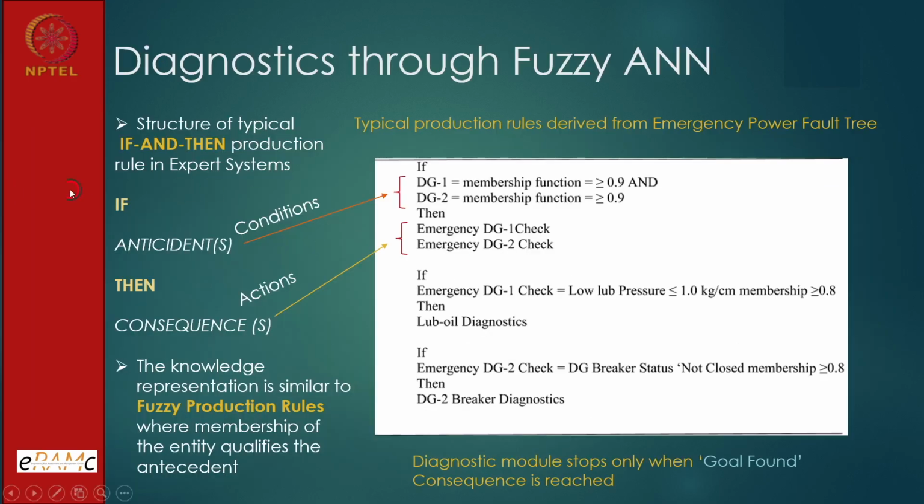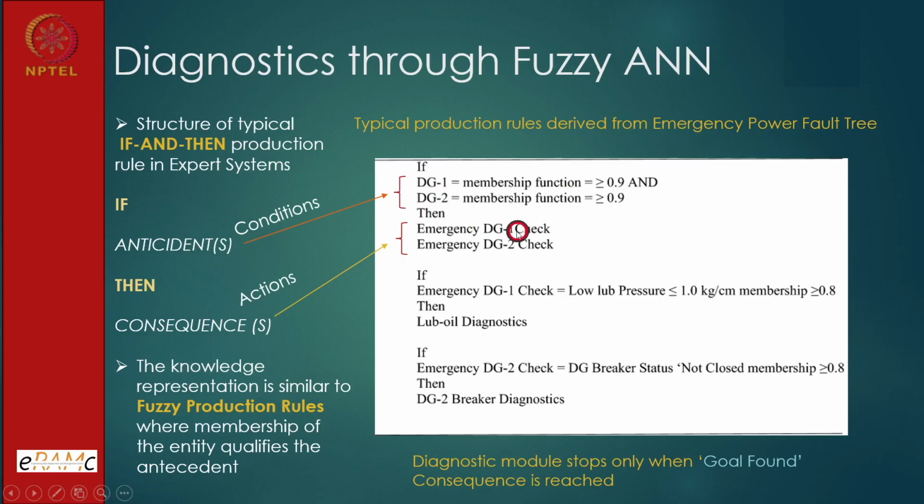So just one example: if-then rules are at the core of diagnostics. This part is called the antecedent and this part is called the consequence. What is the antecedent? DG1 membership function 0.9 and DG2 failure membership function 0.9. That means there is huge confidence that these two events have happened.